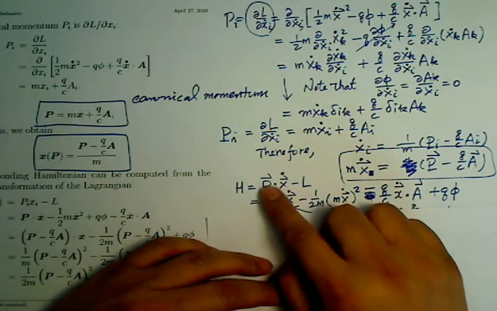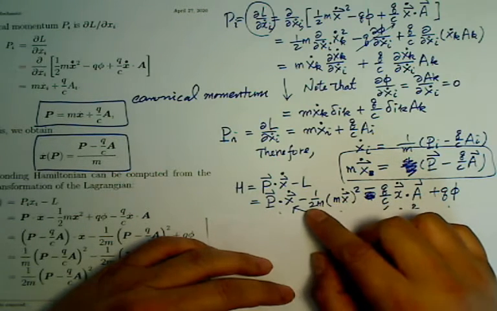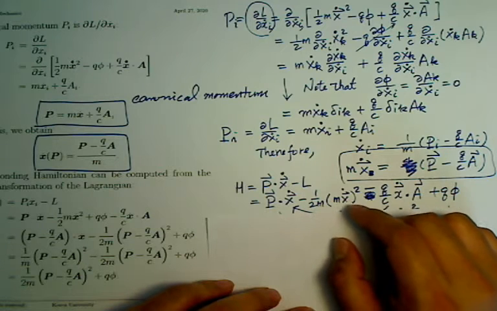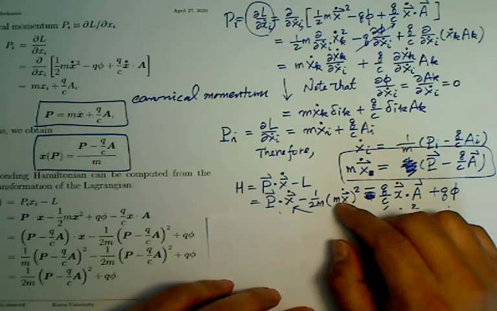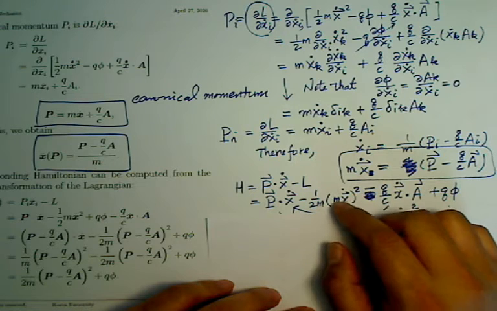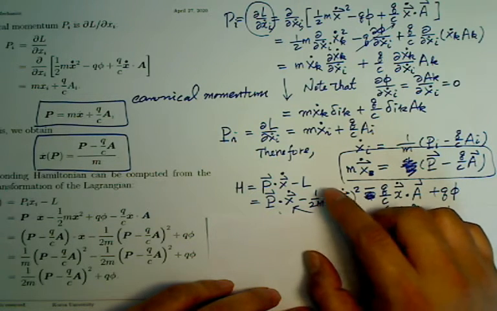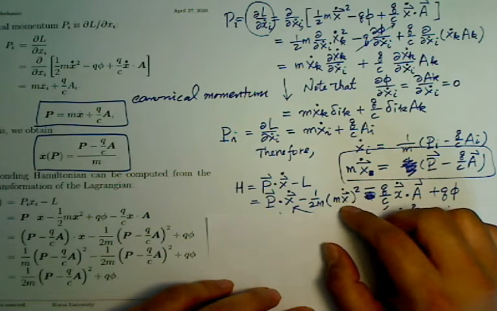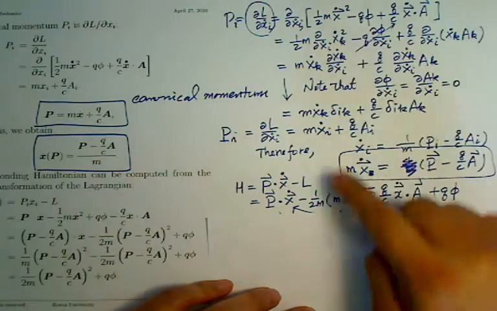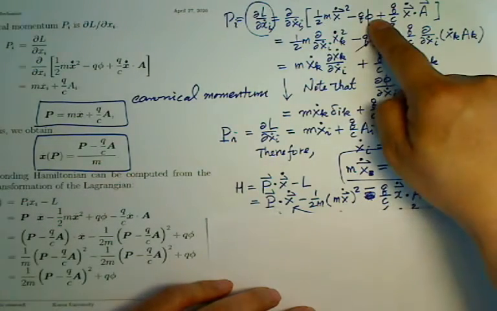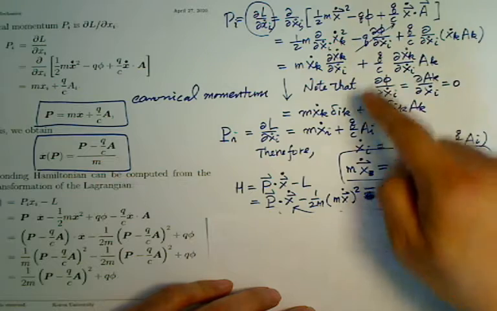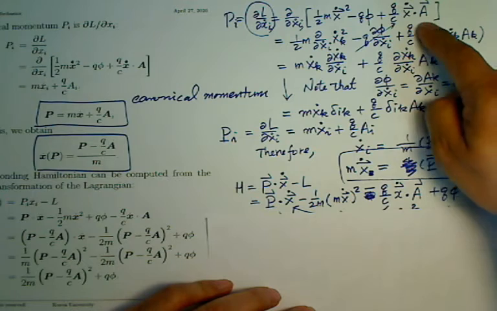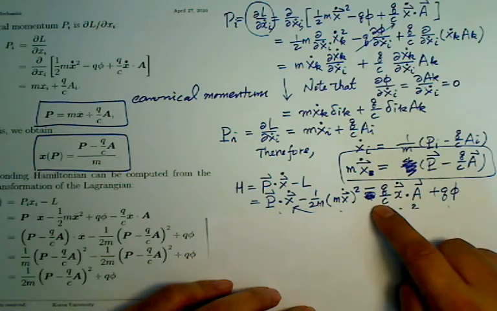That is p dot x dot, and then subtract the Lagrangian, which has 1/2 m v squared, the kinetic energy, and then minus q phi. Minus q phi becomes plus q phi, and the vector potential contribution appears with a negative sign in here.